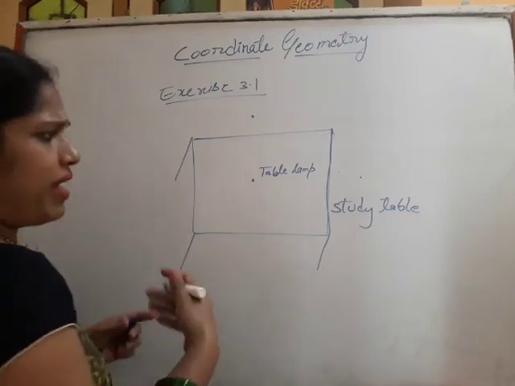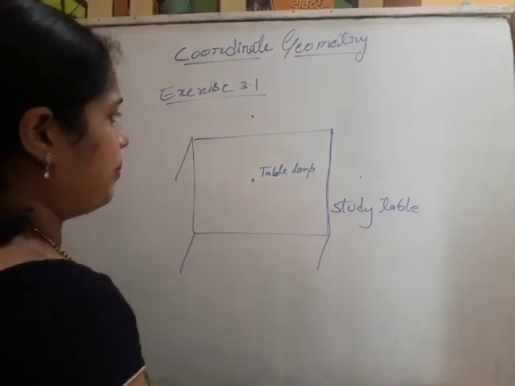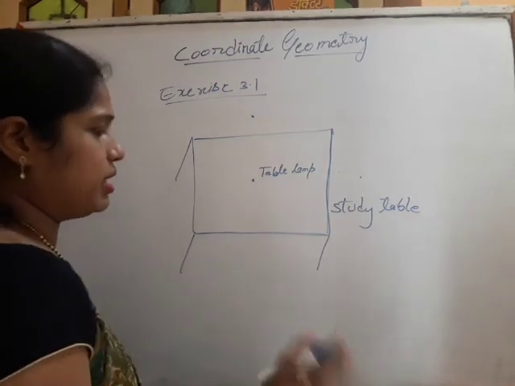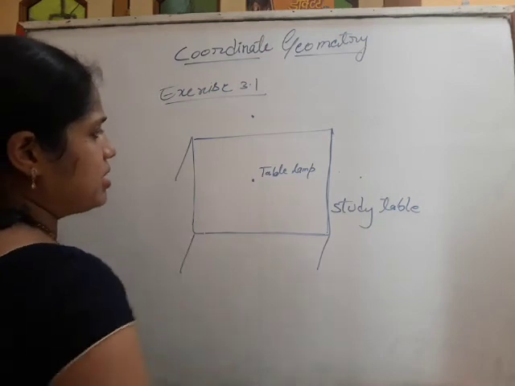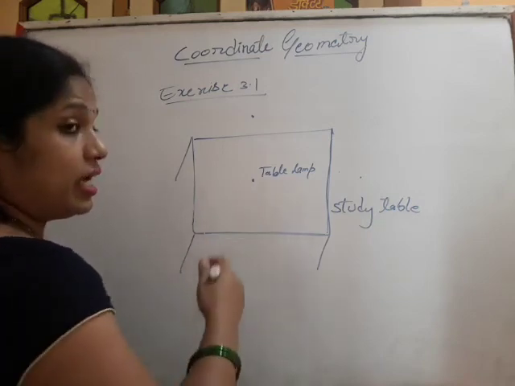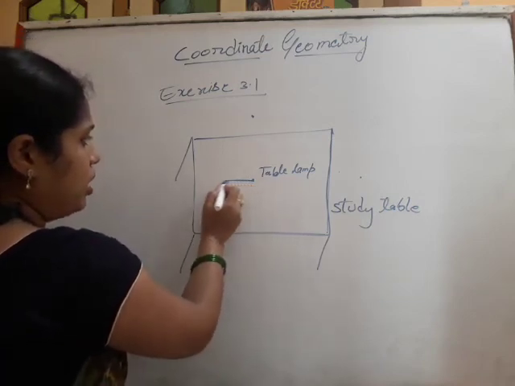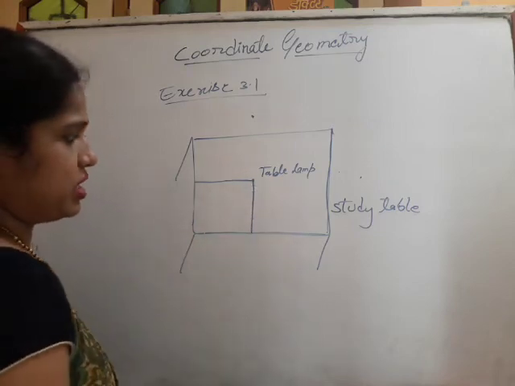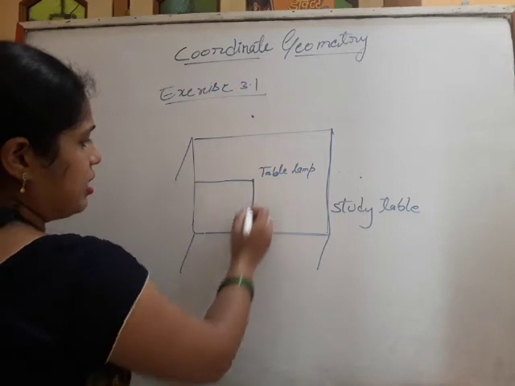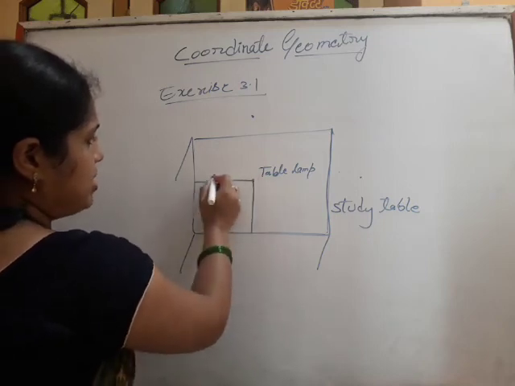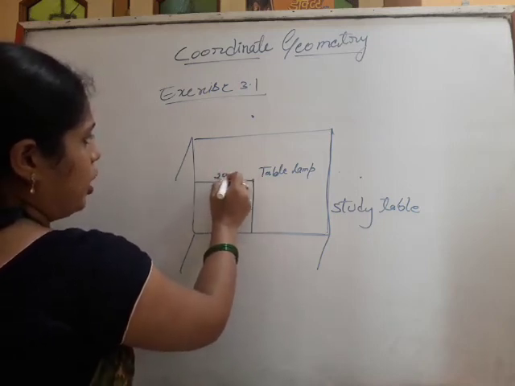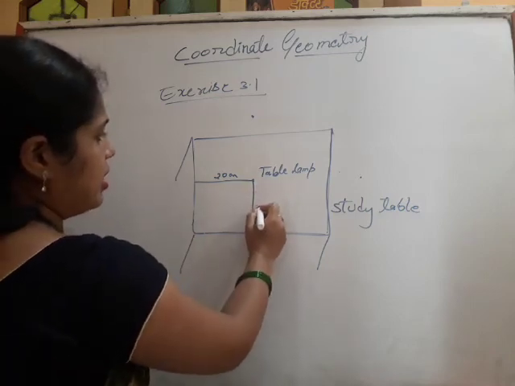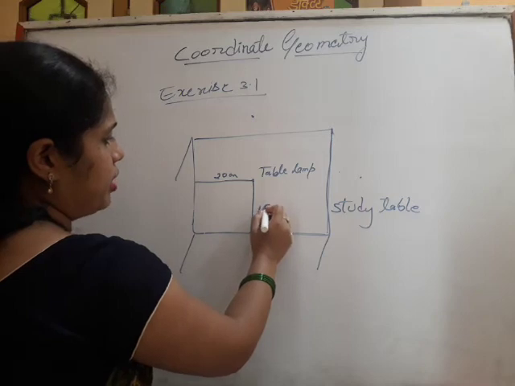As I have discussed in that example, suppose the length of the table is anything, the breadth of the table is anything. We will simply start drawing perpendiculars to both the edges. Suppose from this edge it is 20 centimeter far, and from this edge it is 15 centimeter far.